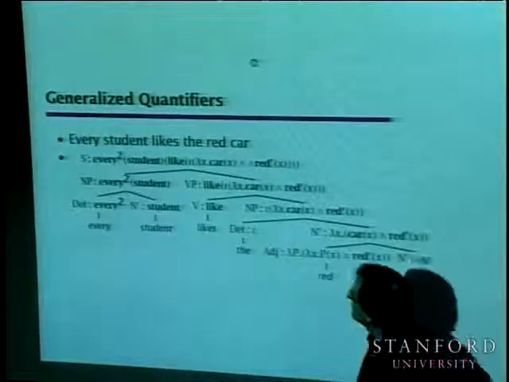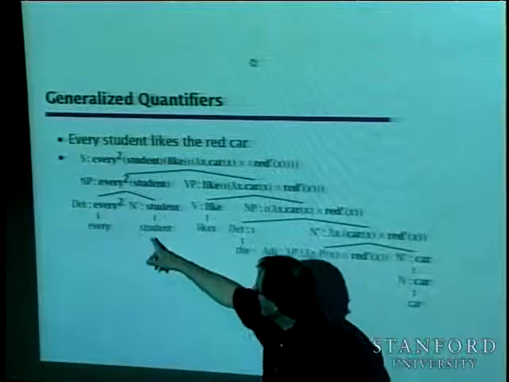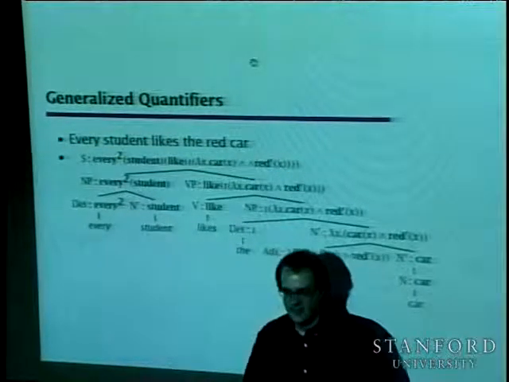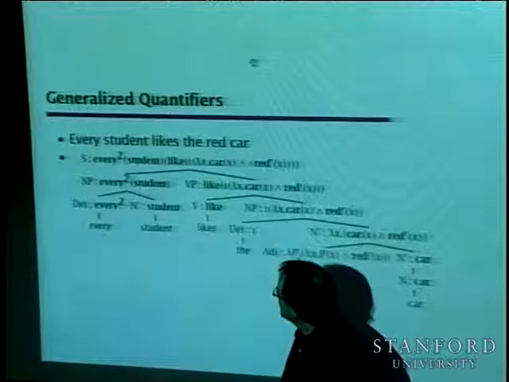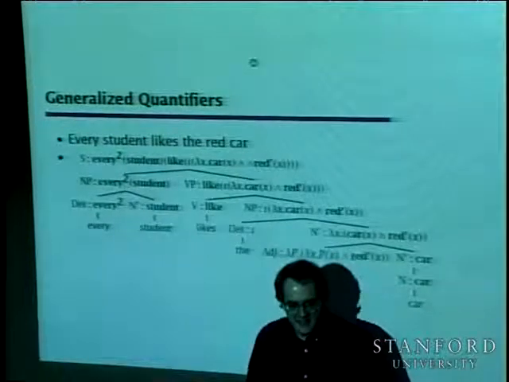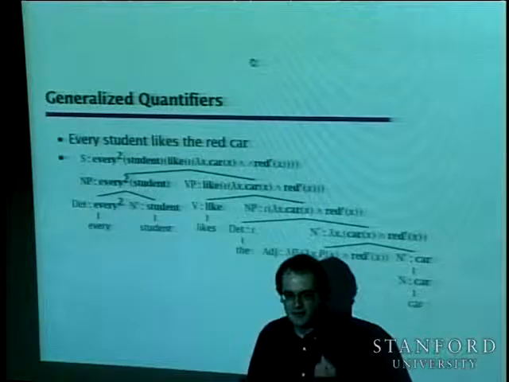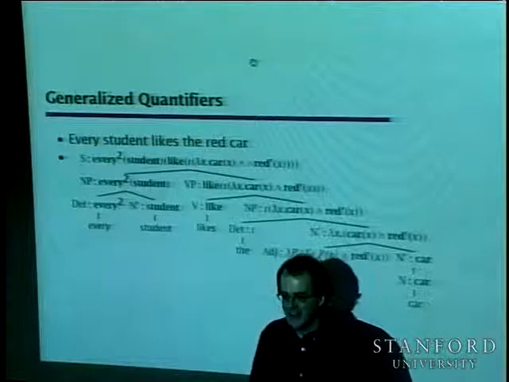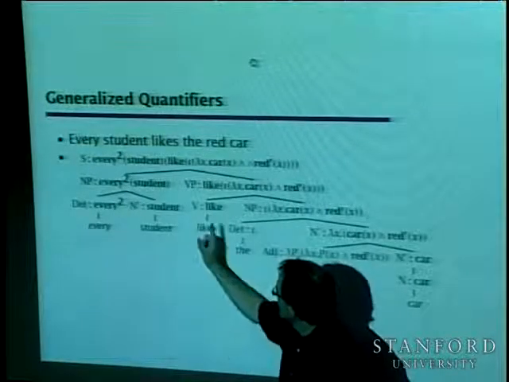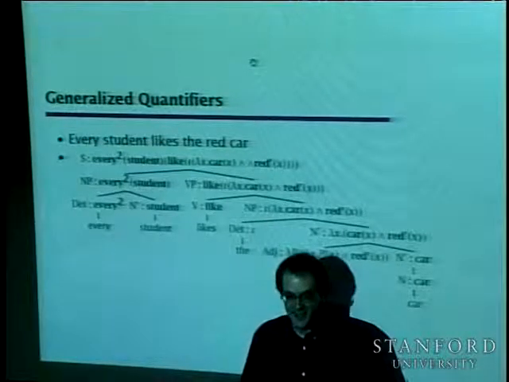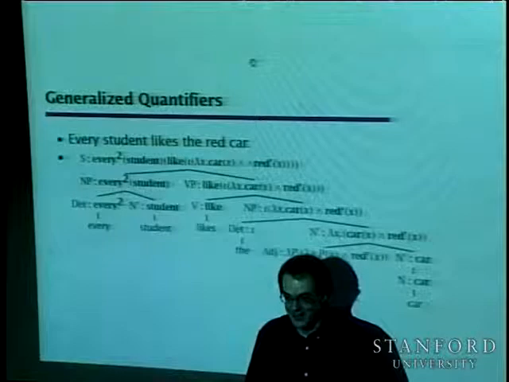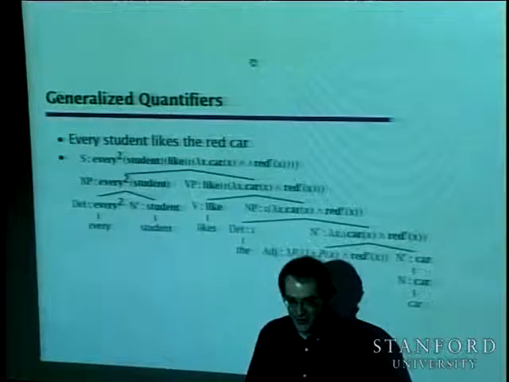Okay, and so then what I want to say is that every student likes the red car. And I'd really be in business at this point if I could do the following trick. Up until now, I've treated the verb as the head of the sentence and said do function application. That's how I handled Kathy likes Fong.